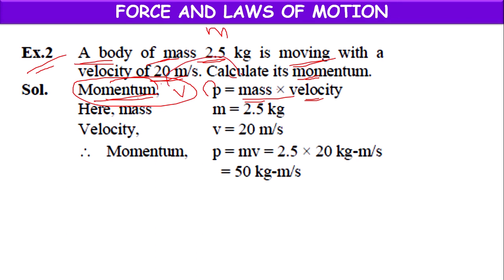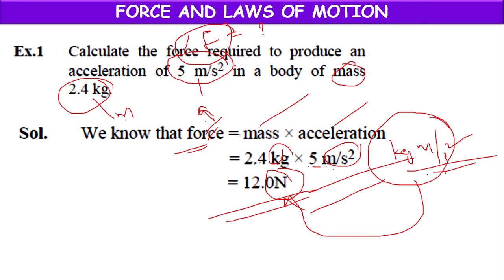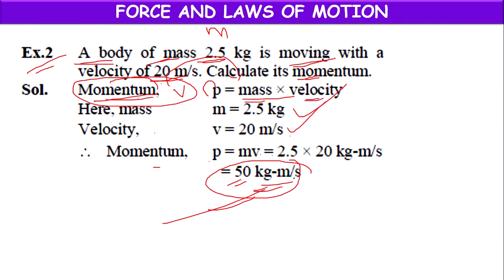Momentum symbol is P. So P equals mv, that is 2.5 into 20, which is equal to 50 kg meter per second. So here kg meter per second square is called Newton, but not kg meter per second.